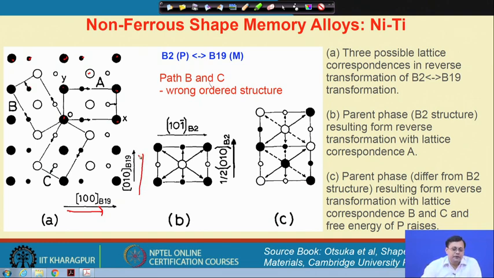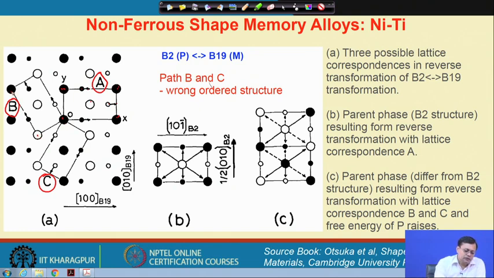So, for the parent phase we can think about basically 3 different possible correspondence lattices. How? Let us say an A type of lattice, where this is the structure of the lattice, this atom should move here, and this will move here, and this will move here. The second is the B type. So, one is the A type, another one is the B type, and the third one is the C type.